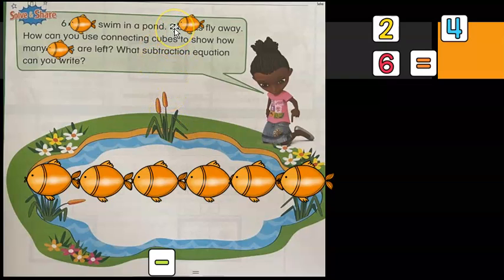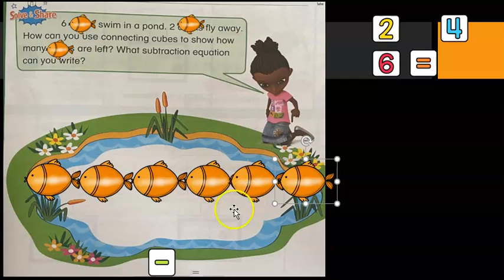Now, let's keep reading right here. Jada told us 2 fish fly away. Now, first graders, how many fish fly away now? How many fish are we going to take out of here? 2. Good job. So watch Mr. Begay.